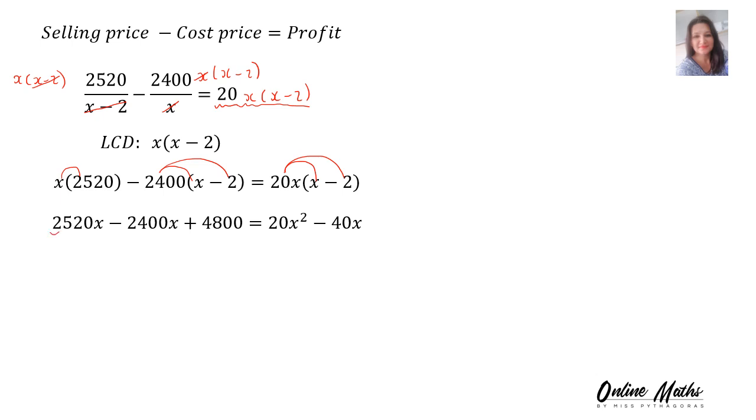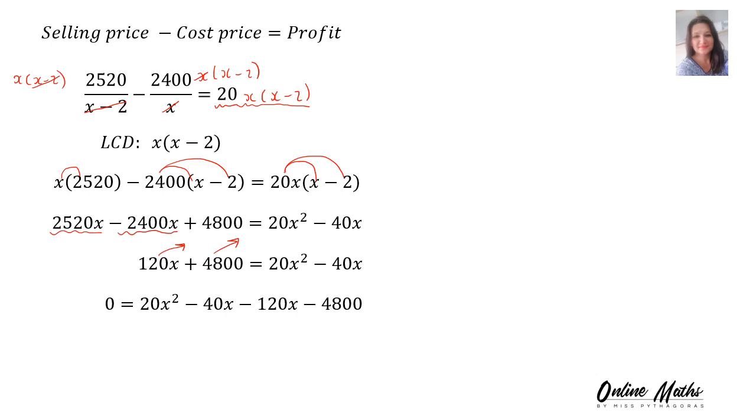Then I'm going to add my like terms on the left hand side. Therefore, 2,520x minus 2,400x is 120x plus the 4,800 equals the right hand side. In the next step, the 120x will walk across and the 4,800 will walk across, and remember, they will become negative.